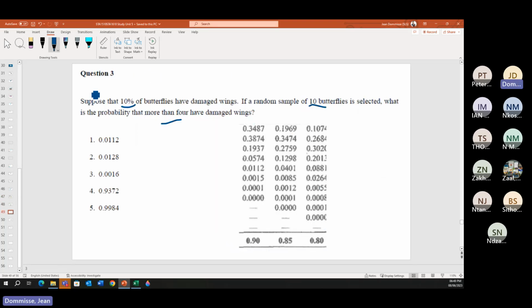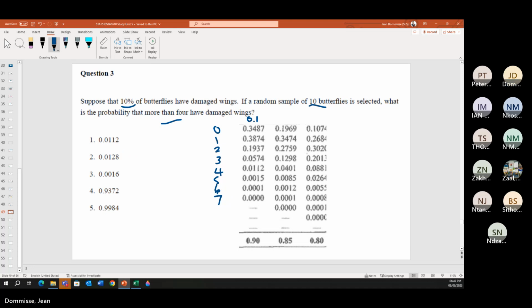Just want to make sure that we use the right one. Okay, so if that's 0.9, this one will be 0.1, so that will be the 10%. And x would be 0, 1, 2, 3, 4, 5, 6, 7.